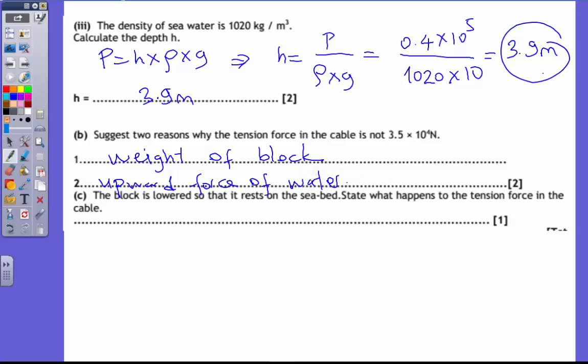The block is lowered so that it rests on the seabed. State what happens to the tension force in the cable.